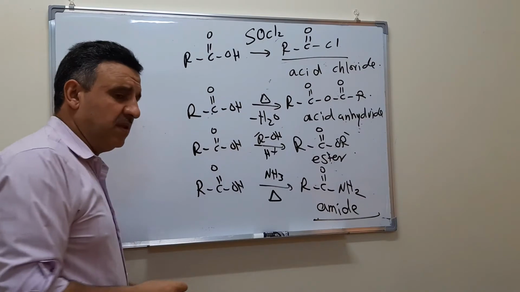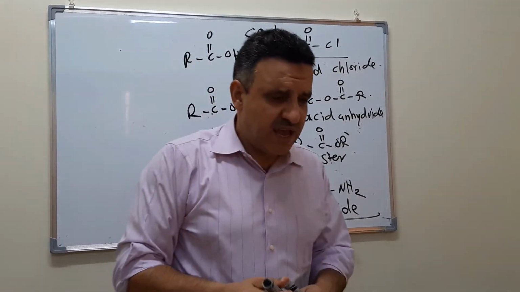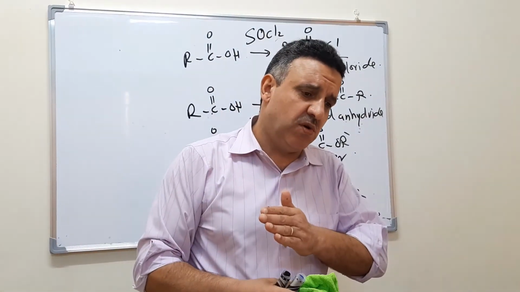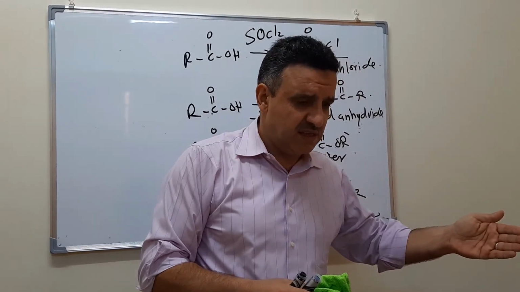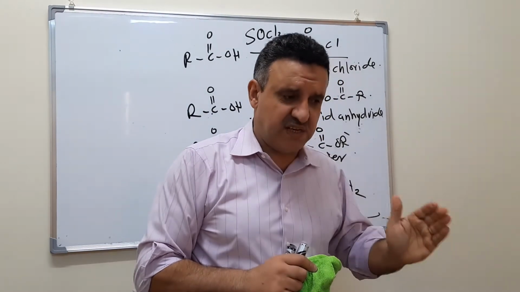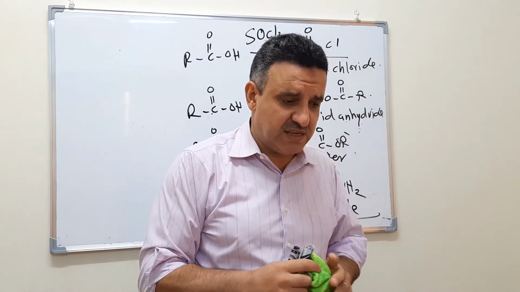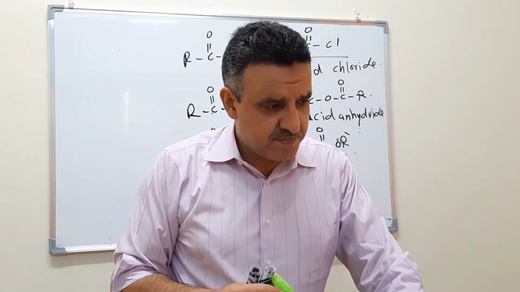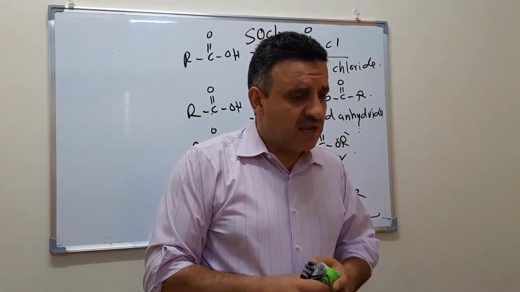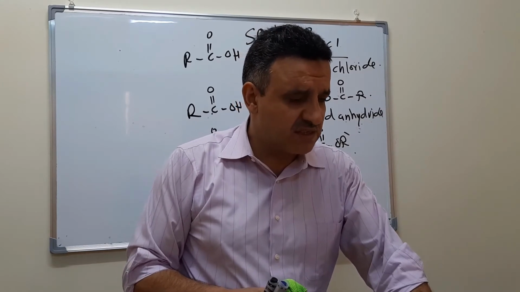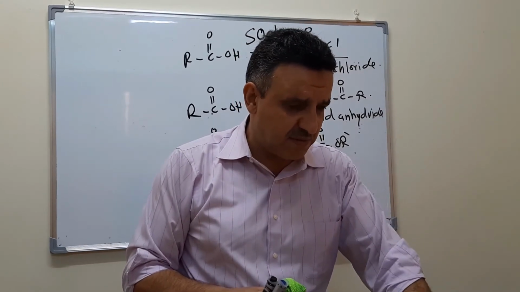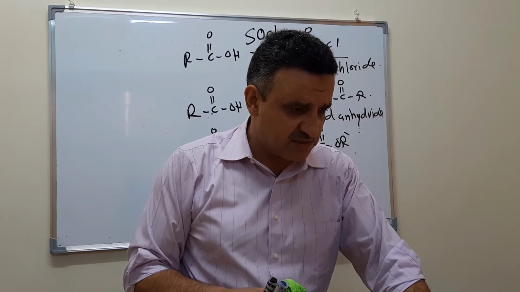So in principle, carboxylic acid can be converted into all carboxylic acid derivatives. So this is the first reaction of carboxylic acid. Now, the second slide is simply examples of these reactions.